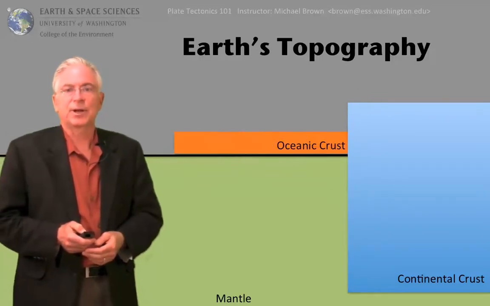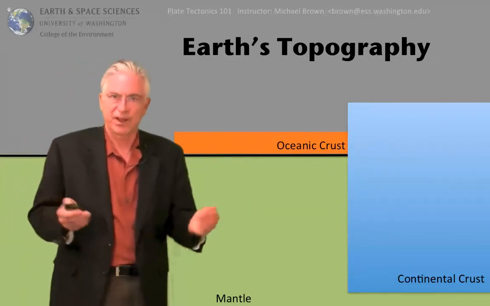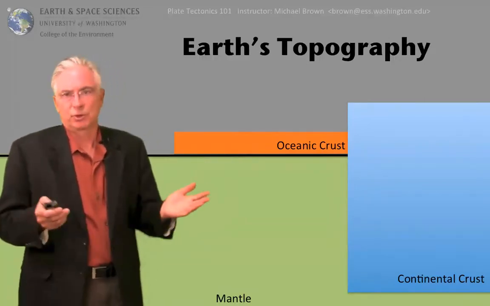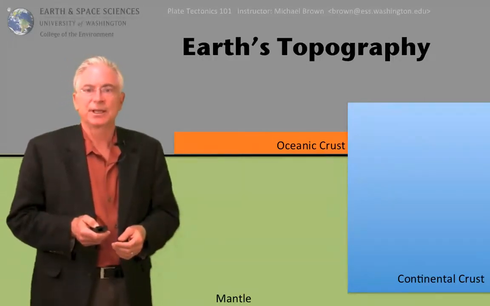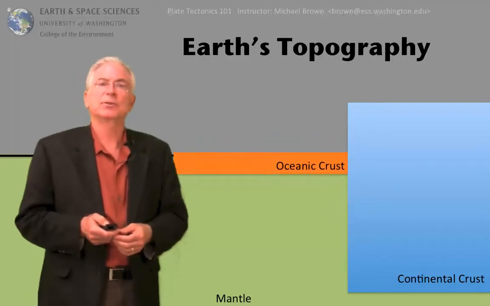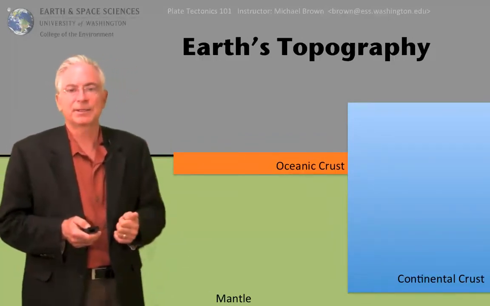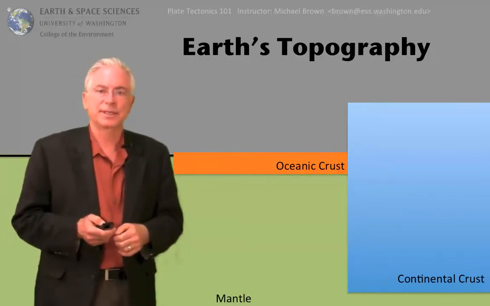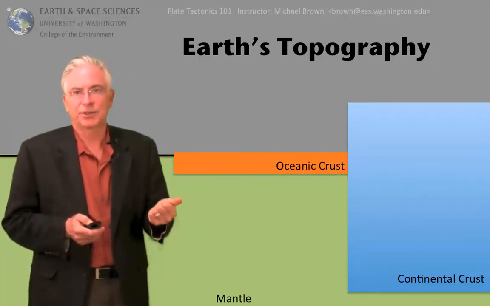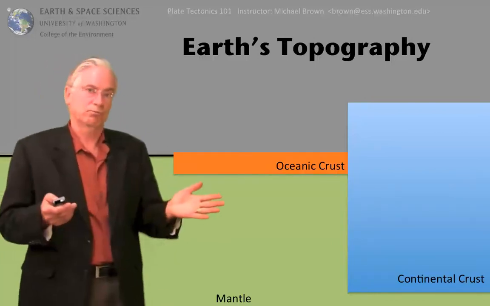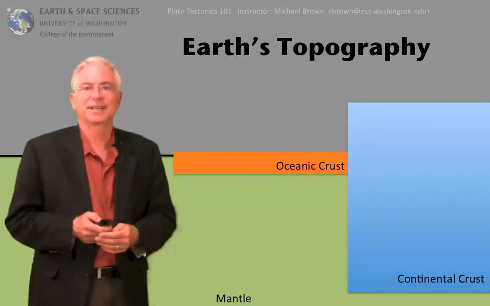Now, the oceanic crust is much thinner, 5 kilometers, and it's also denser, 2.9 grams per cc. So it sinks into the mantle to find its own level. It doesn't stick as far above the mantle, nor does it stick as far down into the mantle. The combination of being thinner and denser means it rides lower in the water, or in the mantle in this case.